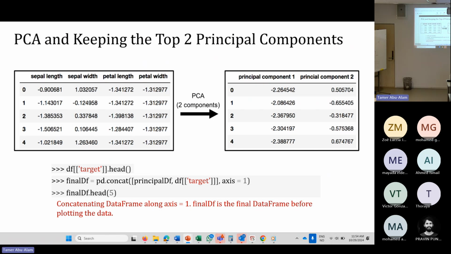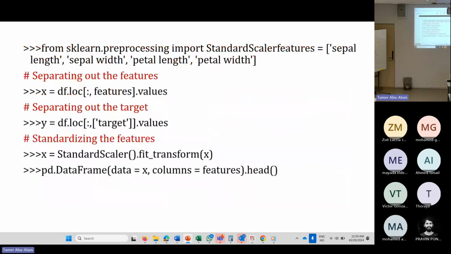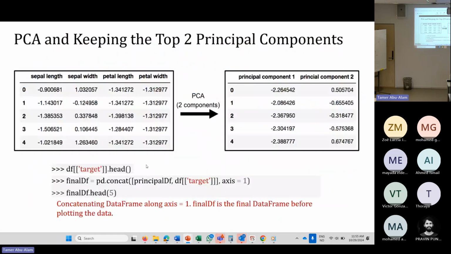Well, it's easy peasy. If you remember, when we start our analysis, we extract 2 things. We extract X, which is our data, and we extract Y, which is our target, the ID. And here, we just create a new data frame that includes the principal component and our ID.